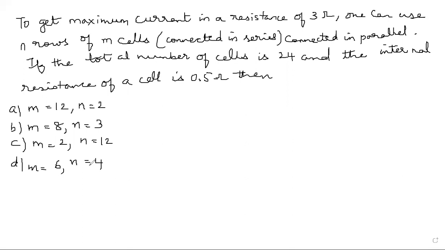So here we can connect 24 cells in n rows of m cells. Then if I is the current in the external circuit, you have the formula I is equal to mE divided by (mR/n plus r), in R. Okay, so I will call this equation 1.